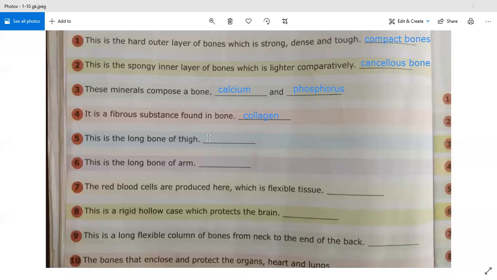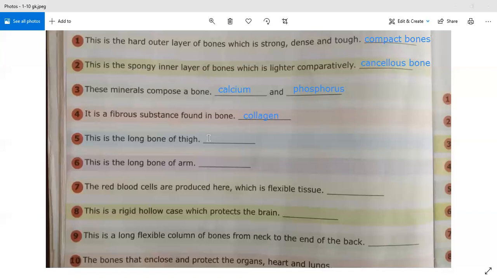Now let's do one experiment. You touch your thigh. In your thigh, do you feel any bone inside it? All of you do this experiment, my dear students. It is not only for the fill in the blanks you have to do in your GK book, but you have to increase your knowledge. You have to learn it by heart forever. It doesn't mean that you have to learn only from the examination point of view.